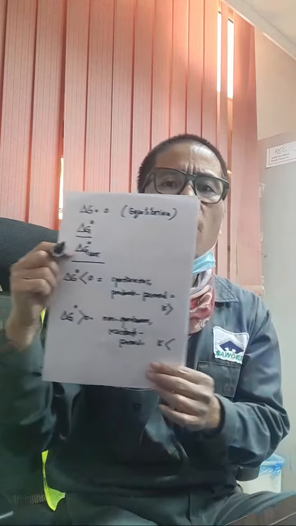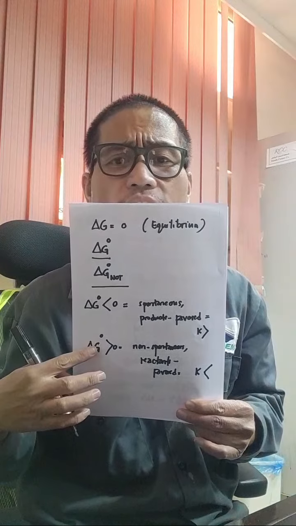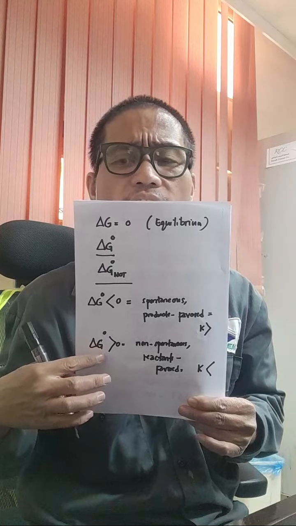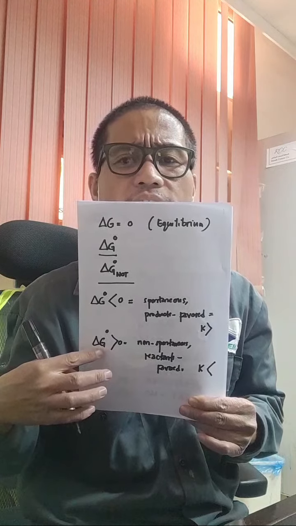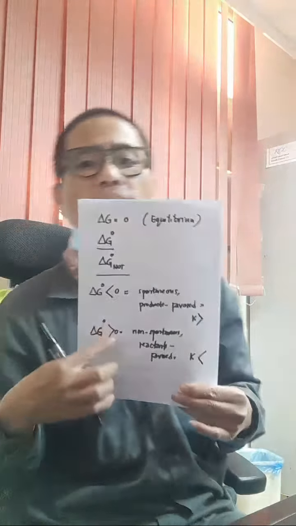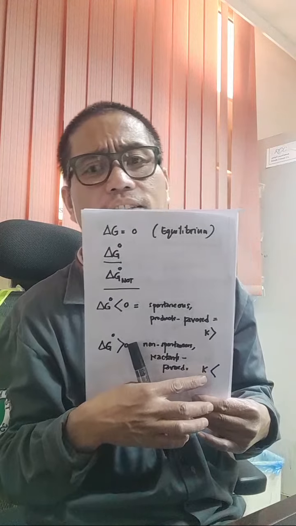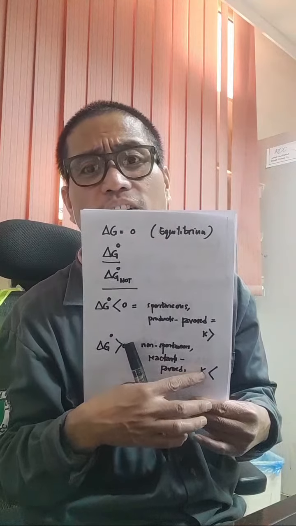Your K is small if the standard change of free energy is greater than 0. So we have a non-spontaneous reaction, meaning reactants favored. Your K will be less than 1, something like that.